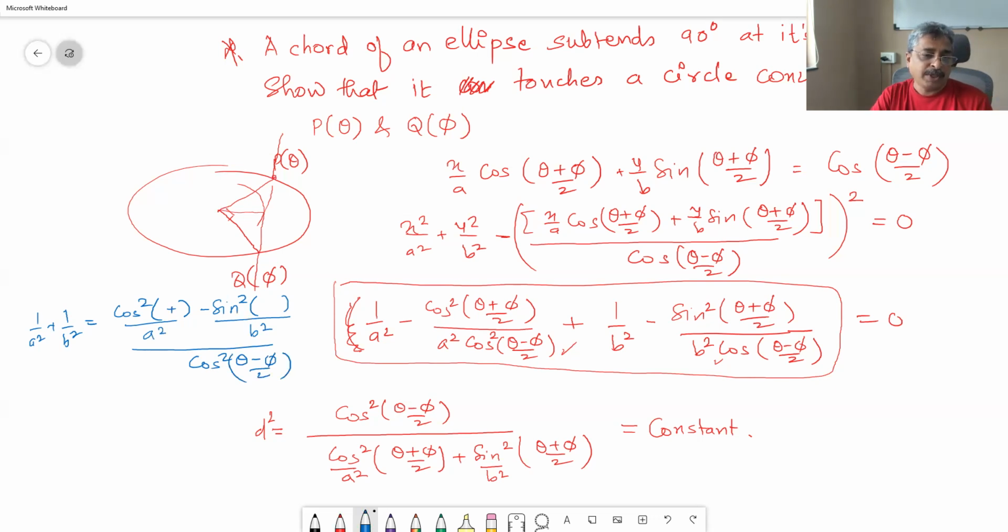Correct? So if you take the reciprocal of this, it is d square, and it is constant. Therefore, there exists a circle touching all the chords which subtend 90 degrees at the center. Is it clear?